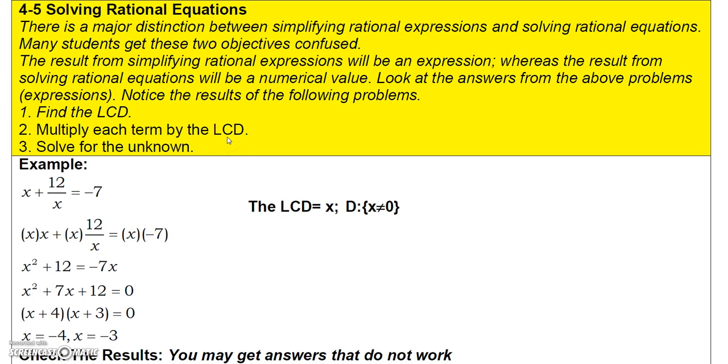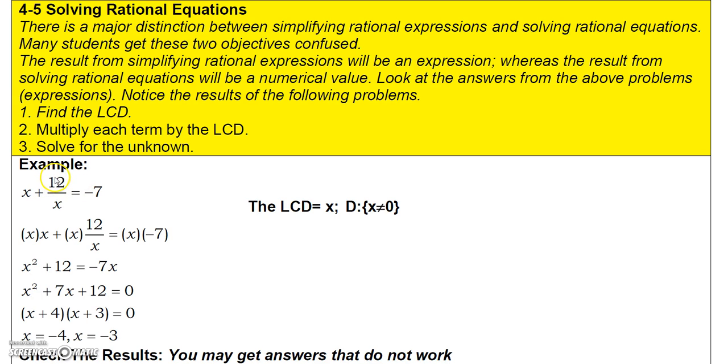In solving rational equations, the idea is to use the lowest common denominator to eliminate the denominator, and the reason you can do that is because you have an equal sign with an equation. With the equal sign, I can multiply both sides of an equation by a number, and if I choose the lowest common denominator of whatever the denominator is, then that will eliminate the denominator.